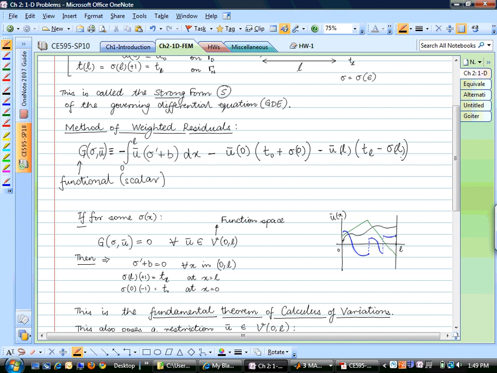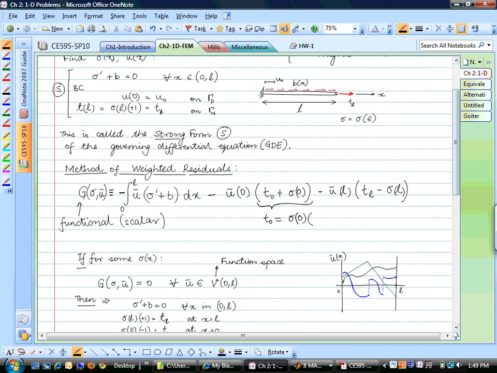You should be able to see that this term is nothing but the Cauchy relationship that says tractions are sigma times the normal vector. That is, the traction at the point x equal to 0 is equal to the stress at x equal to 0 multiplied with the normal at x equal to 0. So what is the normal at x equal to 0? It's pointing in the negative x direction, so minus 1.